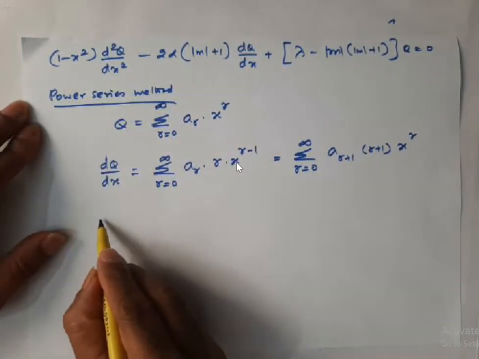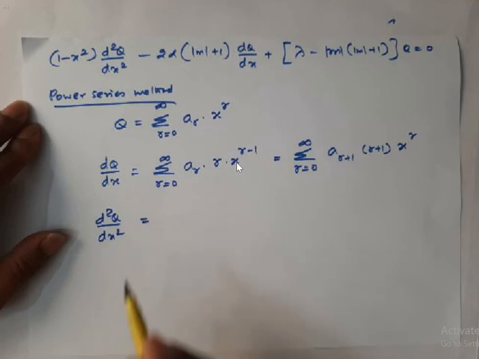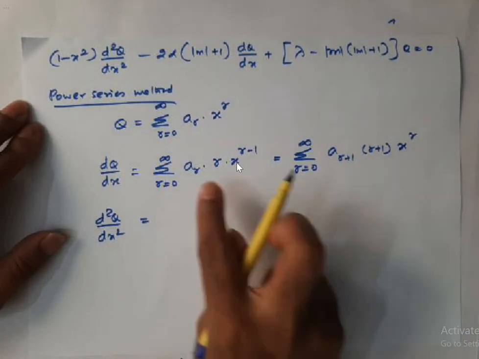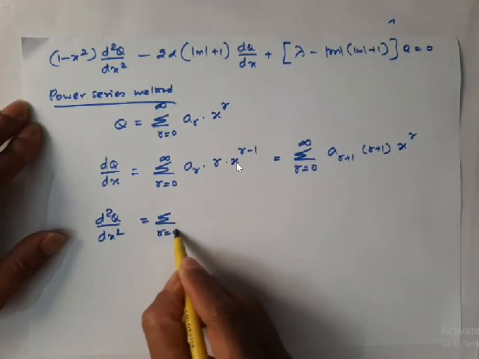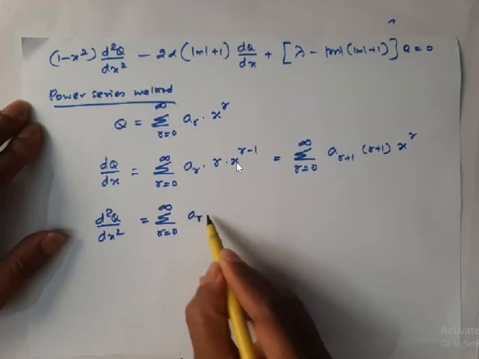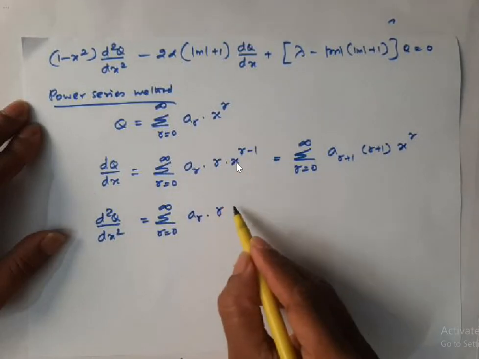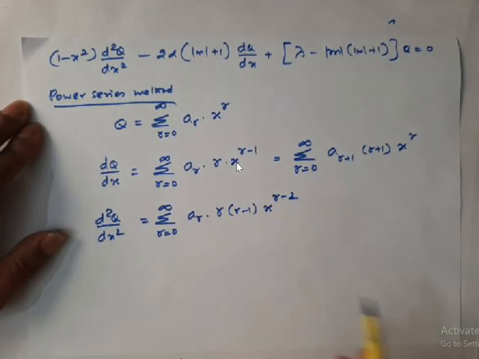Then the second differentiation, d square q by dx square, can be written as, let me take this one and differentiate. So r equal to 0 to infinity a r into r into, if I differentiate this I'll get r minus 1 into x power r minus 2.